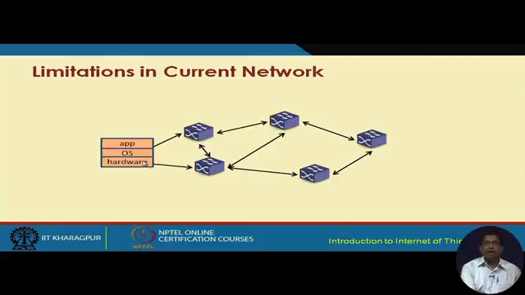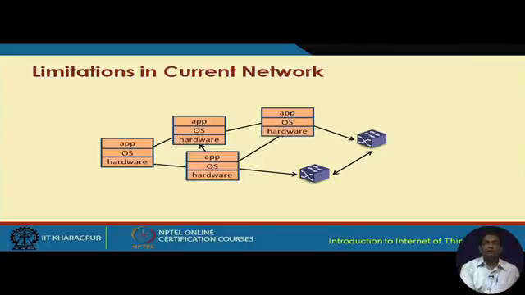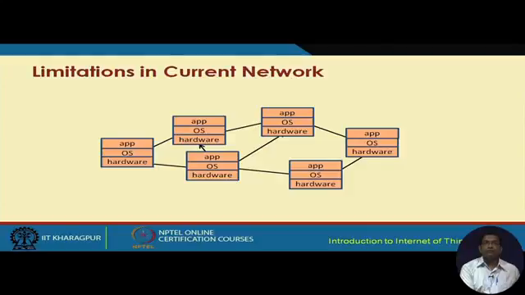We have the hardware, then the operating system, and the applications running on top. So essentially, a very skeletal view of the stack that runs on each of these switches is hardware, OS and app, and that is applicable to all the switches in the network. Each of these switches is running these three different layers.